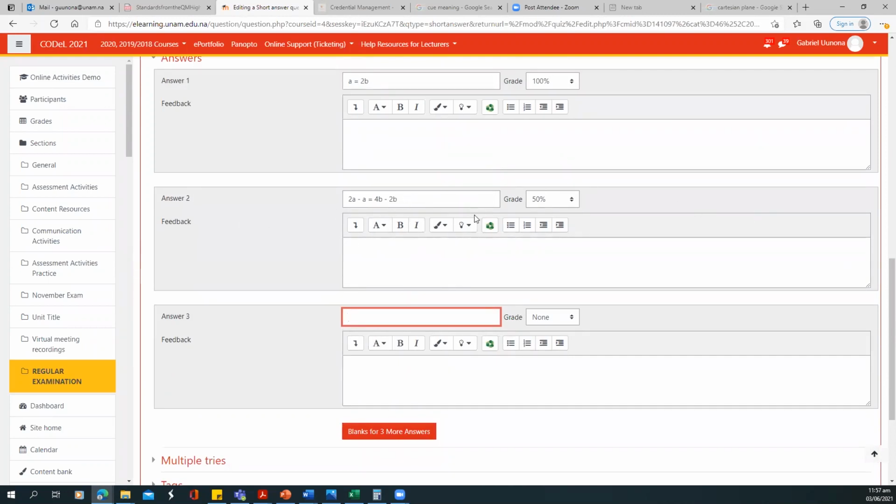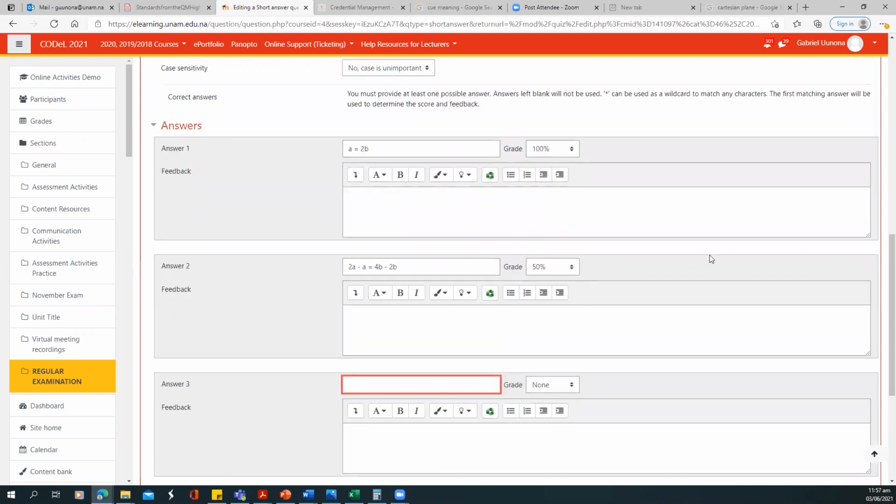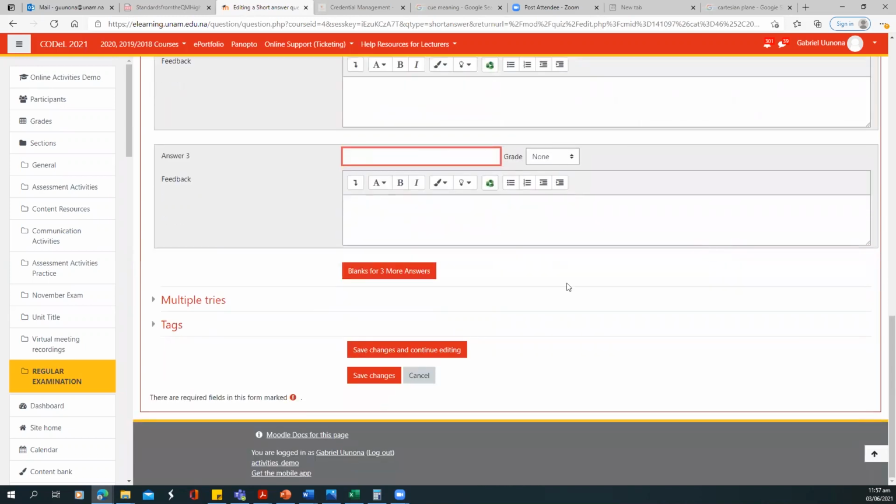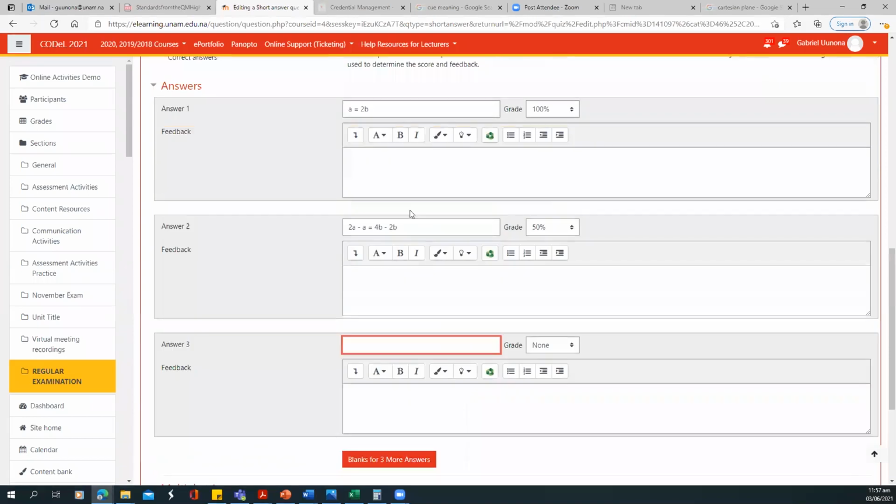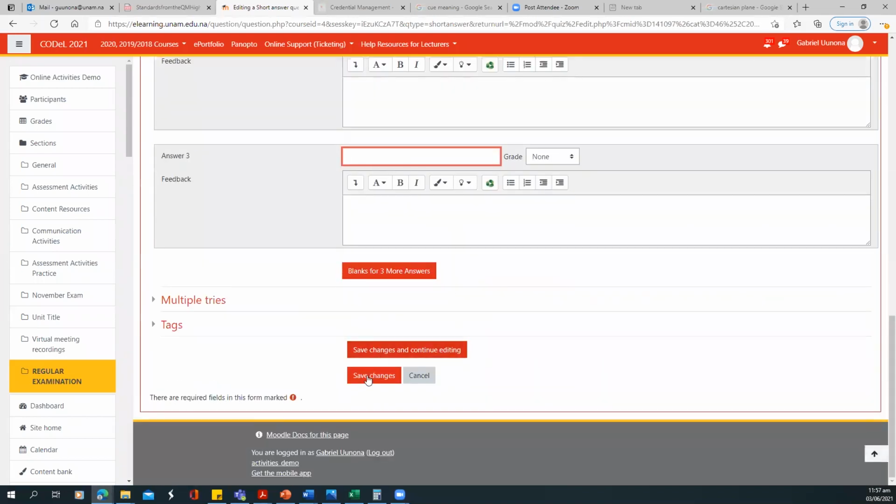For example, if somebody only ends up at this level, at least you have them covered. So we end with this scenario in this type of question. We save it.